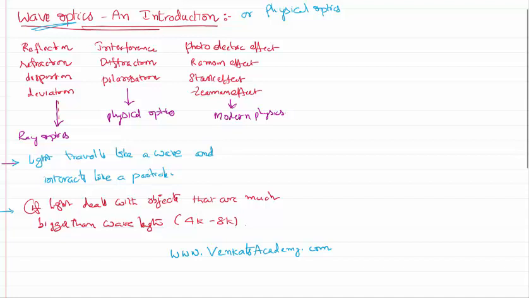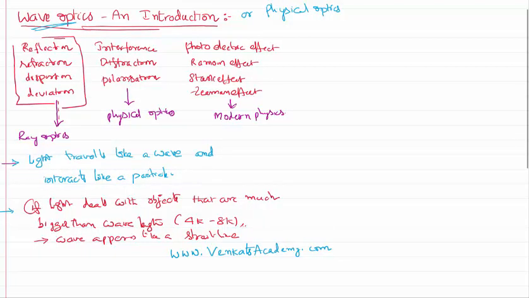Being the objects are very big in size with respect to the wavelength, the wave doesn't appear like a wave, rather a wave appears like a straight line. Taking that as a basis, we can explain all this first set of the properties. That's how we have explained ray optics.